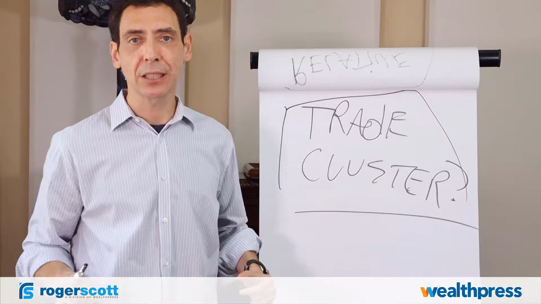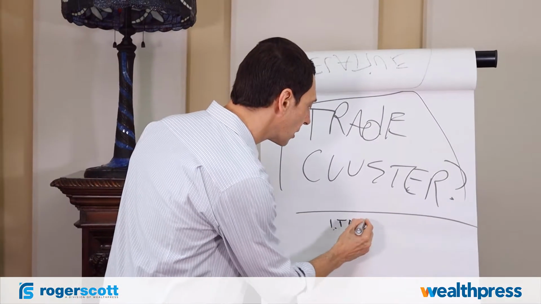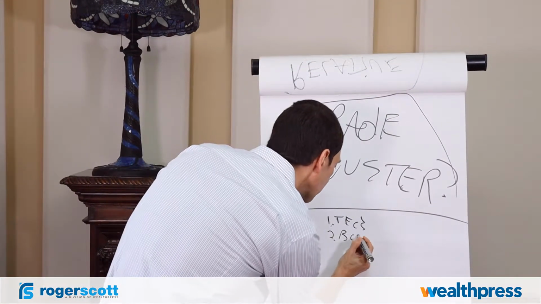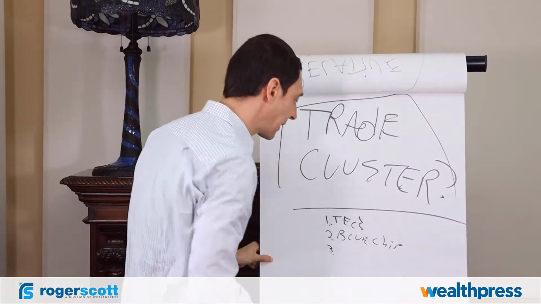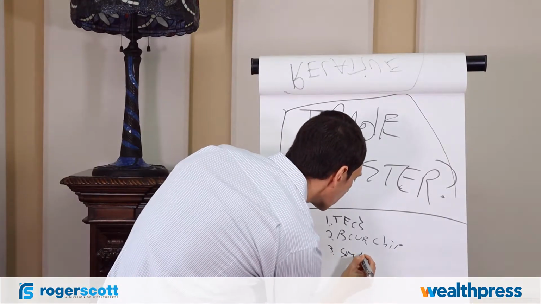So my trade cluster may look like this. One stock is tech. The second stock is blue chip. The third stock, for example, could be small cap.